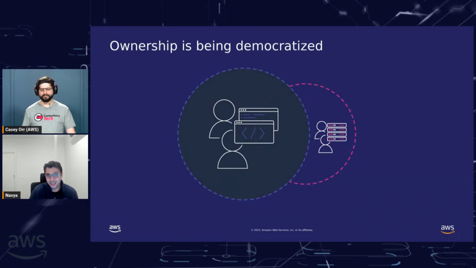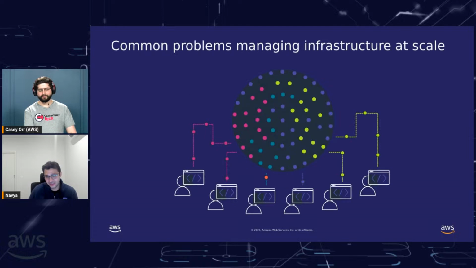Cool. So let's move on to the next bit, which is when these responsibilities merge between dev and ops. What are the common problems when we all have to manage infrastructure at scale? It comes down to the infrastructure as code tools that we use.